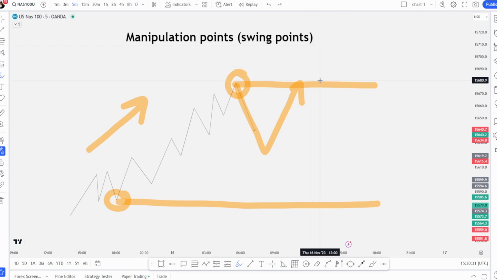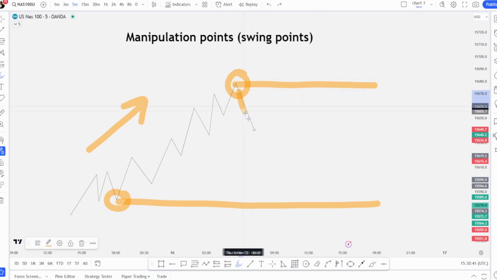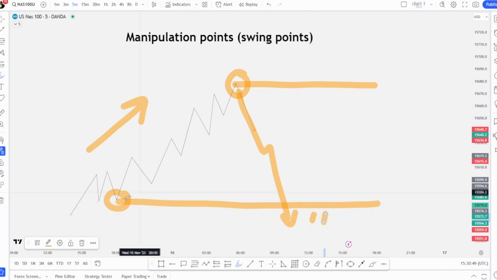Now that means they have to clear the level exactly. They can't sit on top of the level. They have to clear the level properly. Okay. Exactly the same criteria has to be met to the downside. If we break out of here, we have to have 2 open and closes outside of this low. Okay.